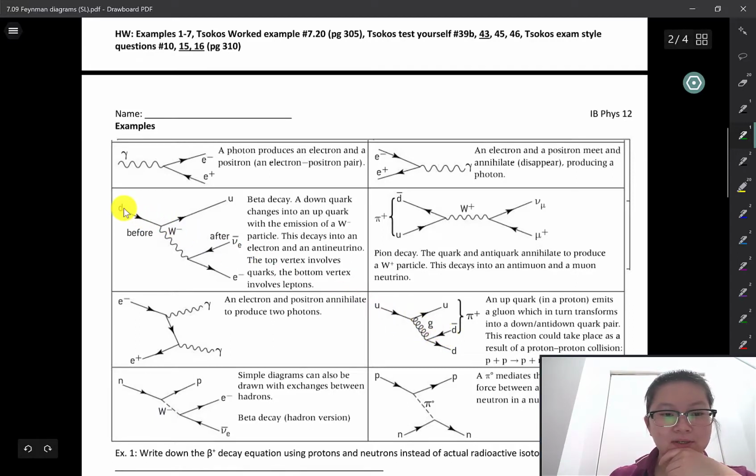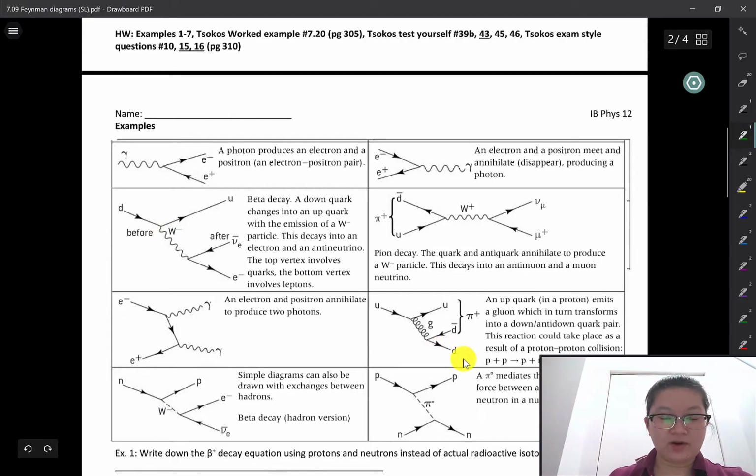For example, this one here, you have an incoming particle and then something goes out. Regardless of what that one is, this represents a type of decay. So some sort of decay is happening in which an exchange particle leaves and decays further into a particle and an antiparticle.